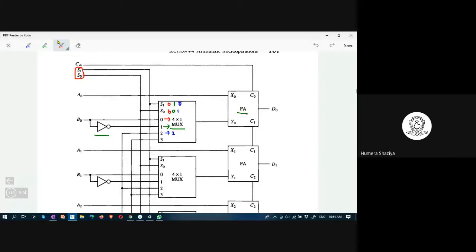If it is 1, 1, then the third will be sent out. In this manner, which input is to be sent out is chosen by the multiplexer through the selection input. All four get the same selection input lines. Okay, this point is clear.